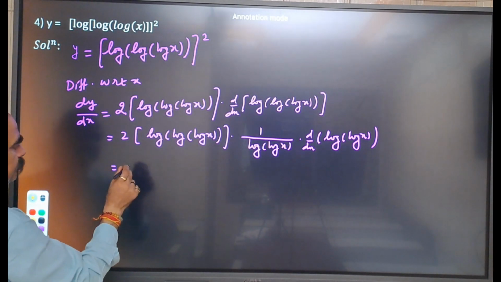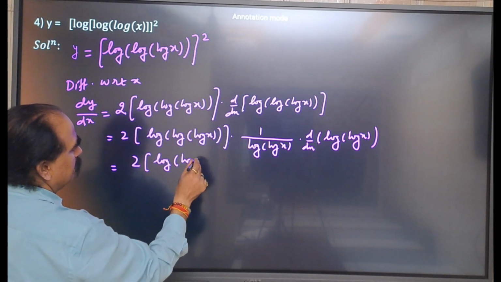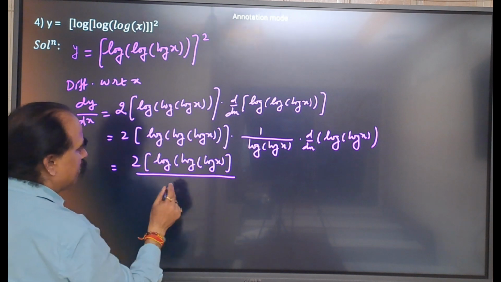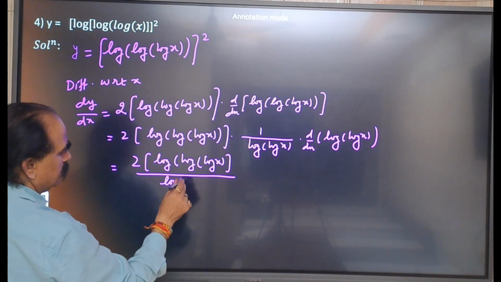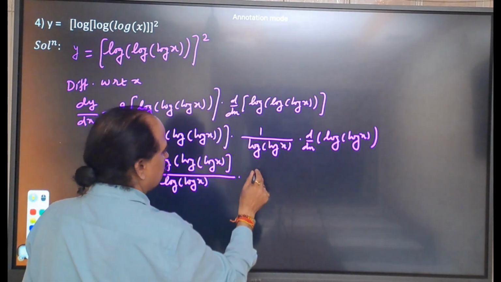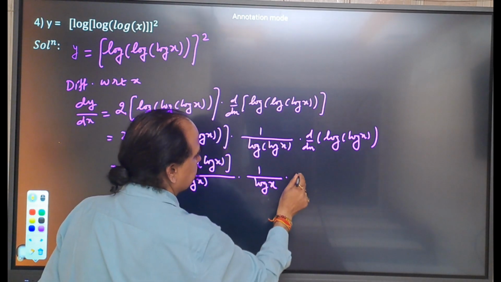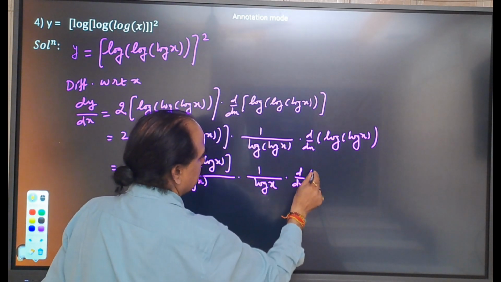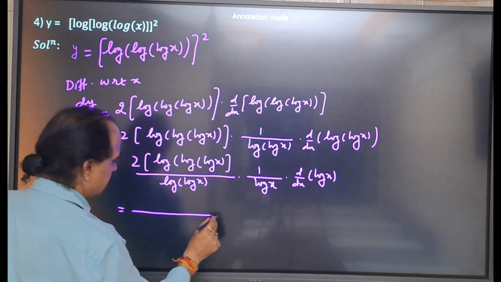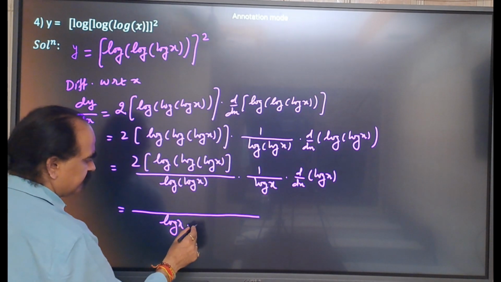Which is nothing but 2 times log x upon, derivative of log is what? 1 upon this log into derivative of log x. Upon log x is a smaller term, so write first.